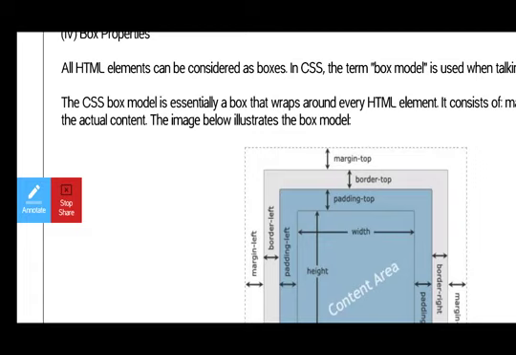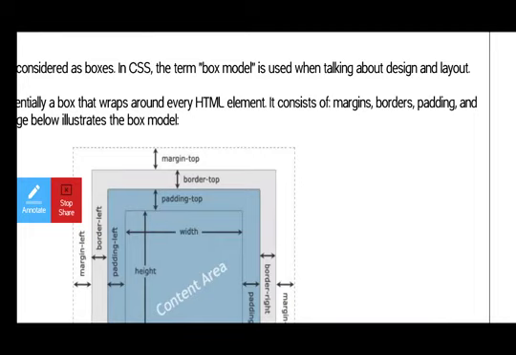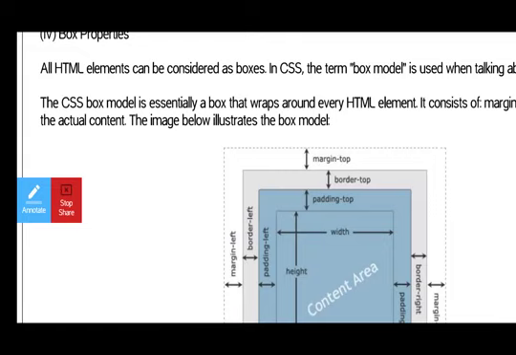So whether we are going to use the heading or the paragraph, in every HTML element the CSS box model essentially appears. Okay, so it consists of, remember these things: first one is margins, second one is borders, next one is padding, and the actual content is the box.